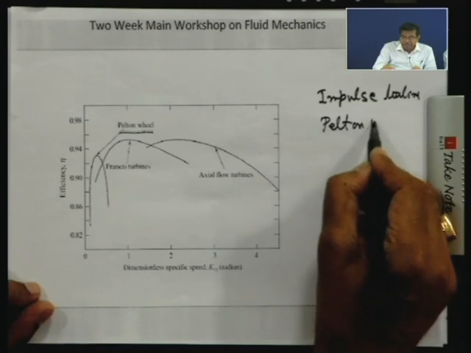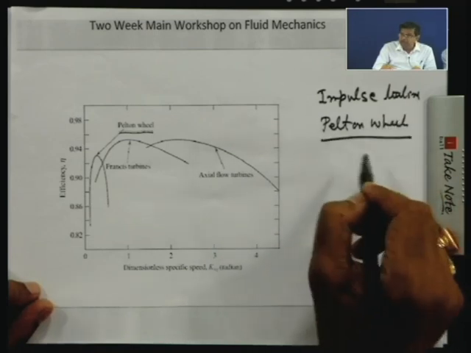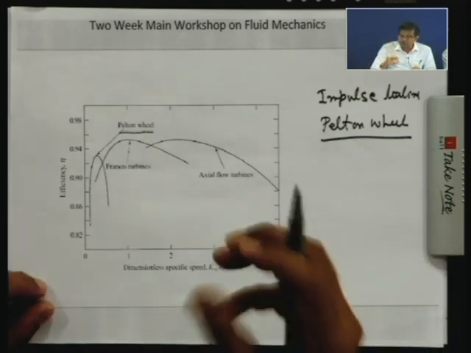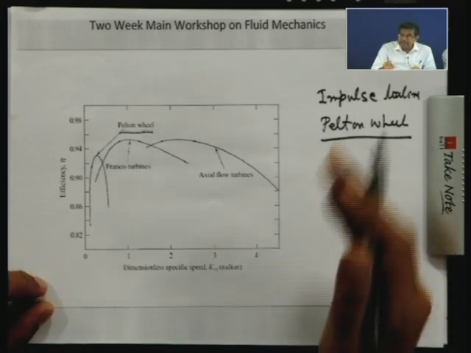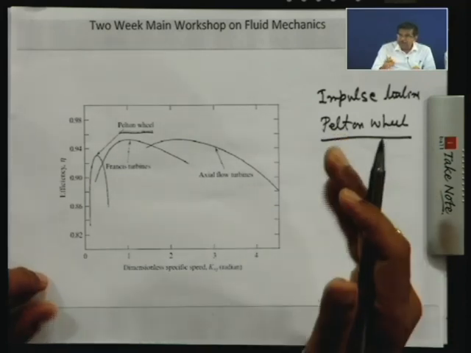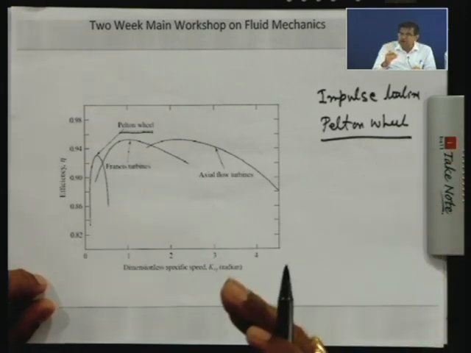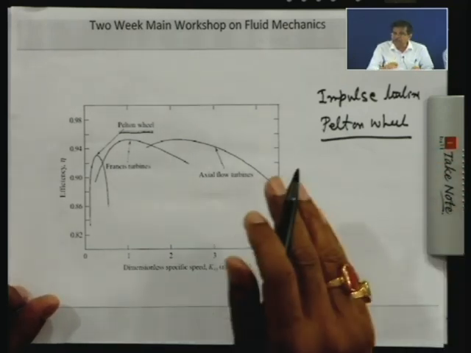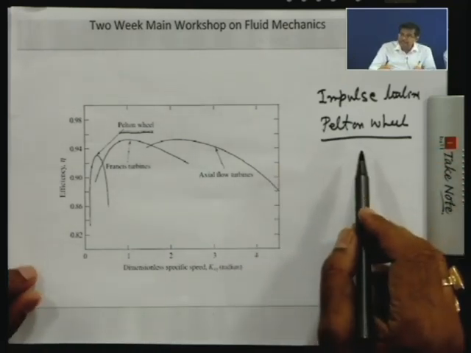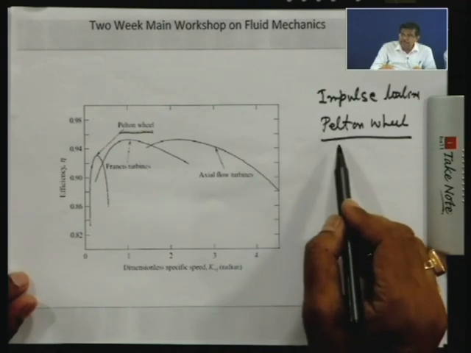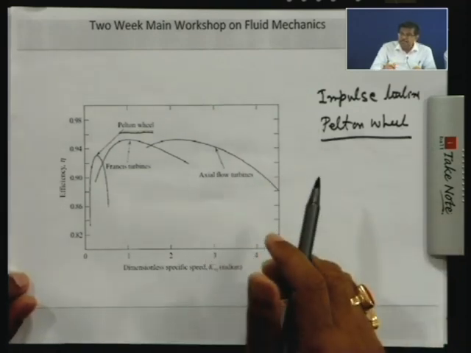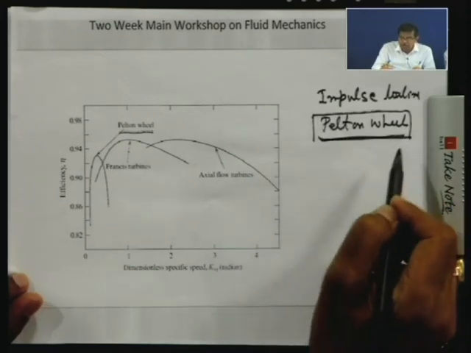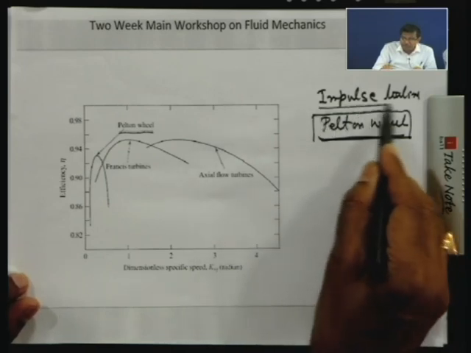Impulse turbine, as I have given an example of a paddle wheel, a similar thing is there for the Pelton wheel, where the stator is a nozzle which converts the entire pressure energy, coming from the reservoir via the penstock, completely into velocity and discharges it at atmospheric pressure, which ultimately strikes a number of blades tangentially and gives the power. I cannot tell anything more because I am not covering Pelton wheel in this lecture. So, this is a category of impulse turbine.